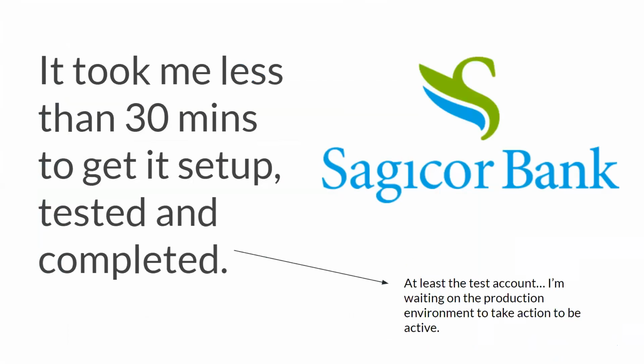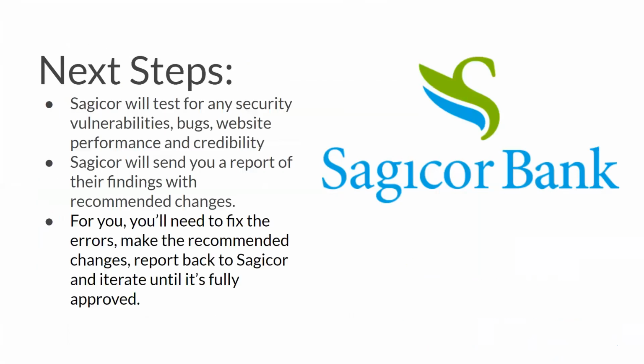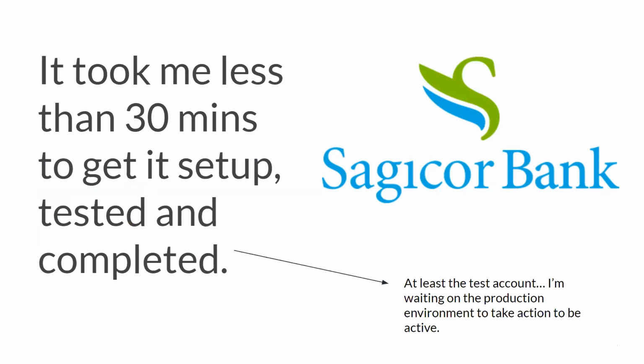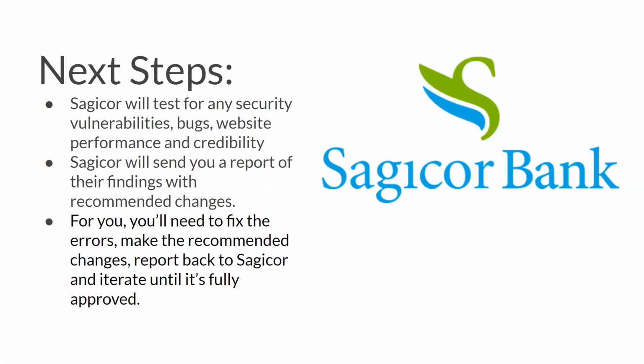The whole process to integrate and test it from my side took 30 minutes. After you've completed all of that, you inform Sagicor that you've done the test and ask them what's next. They'll tell you that you have to sign a form and send it to them.